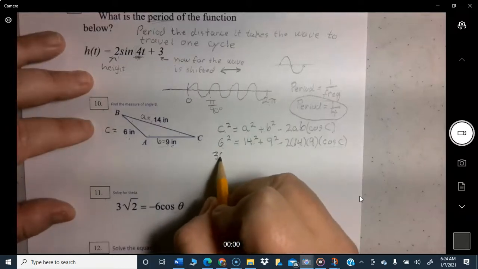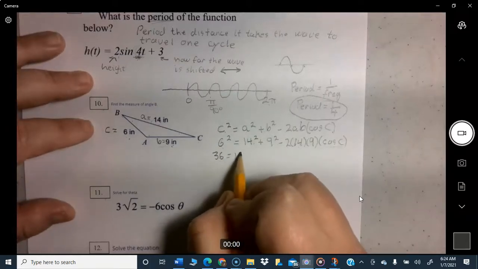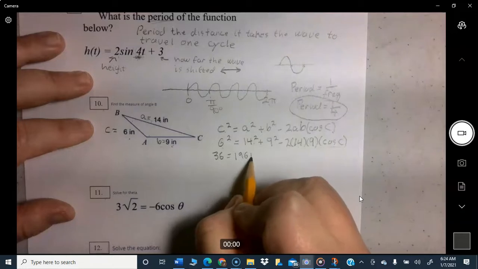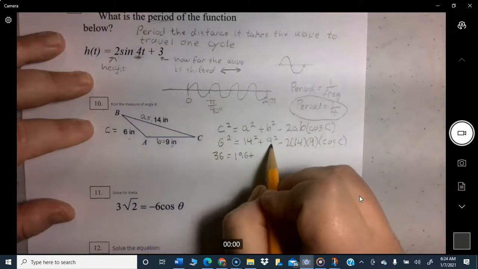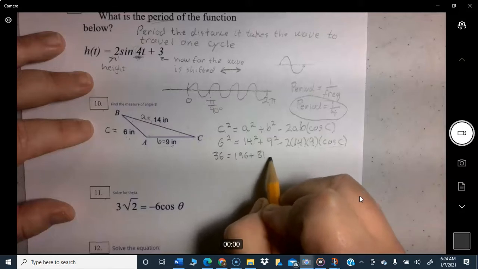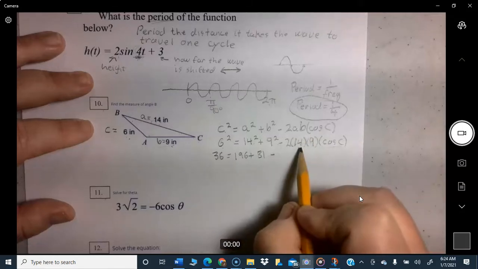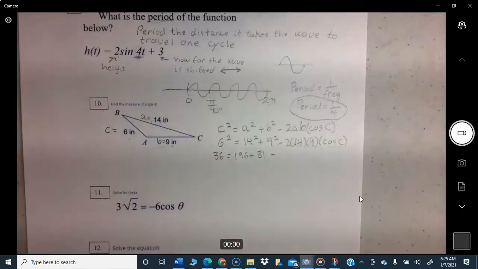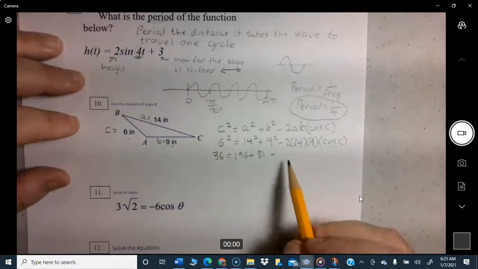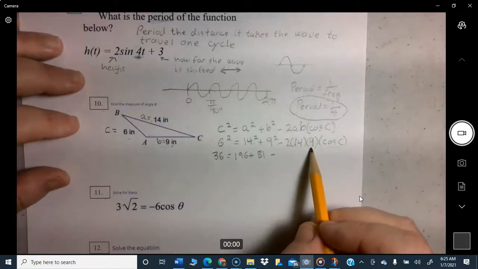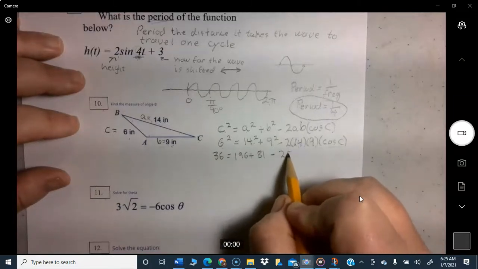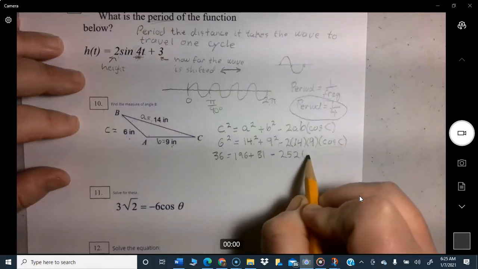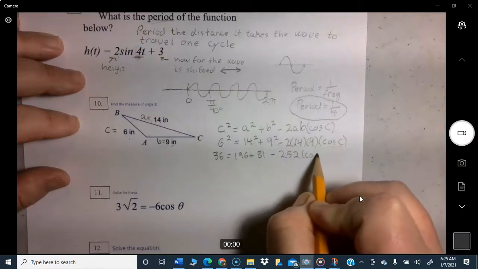You have 36 equals 196 plus 9 squared is 81, minus 2 times 14 is 28, and 28 times 9 is 252 times cosine C.